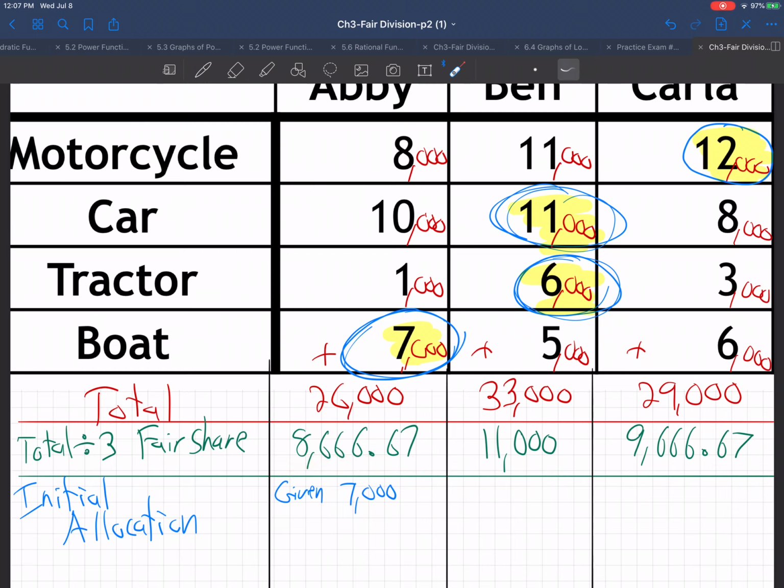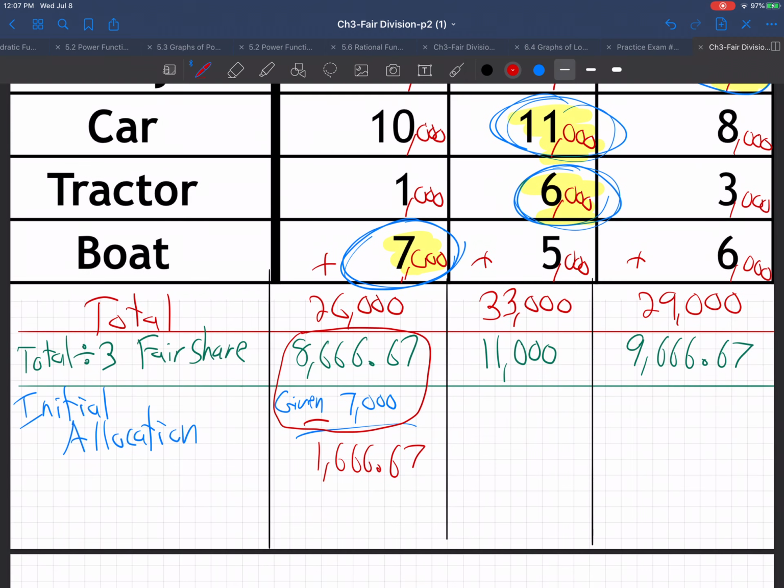We have to subtract, right? If we subtract from the fair share amount, we get $1,666.67. She gets that much more money, doesn't she? Because that'll make it fair.